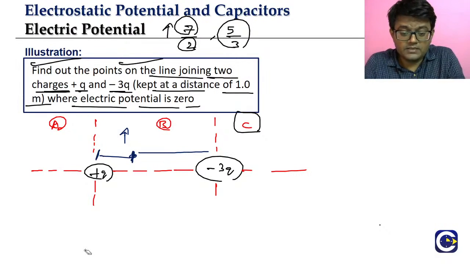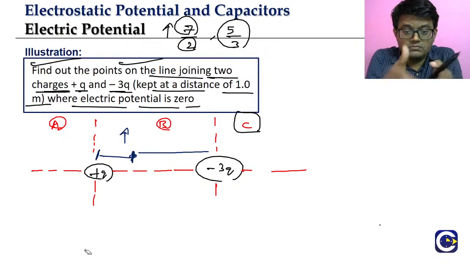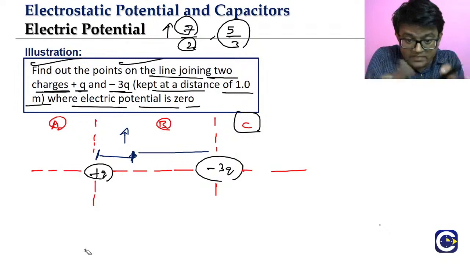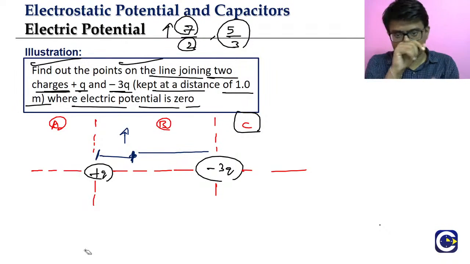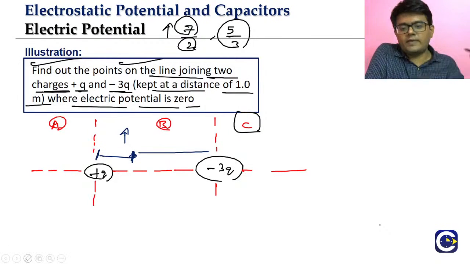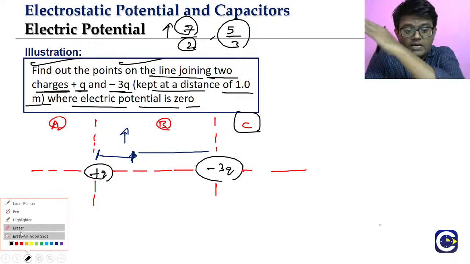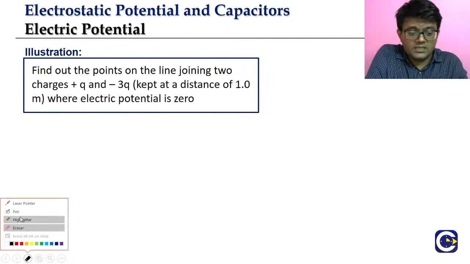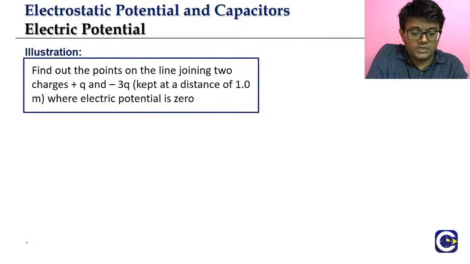One point will be in region B, which is the segment between the two charges. The other point will be in region A. The significance of region A is that it is the side closer to the lower value charge of the two given charges. On the other side, we already saw that we will never get a point where the potentials add up to 0.